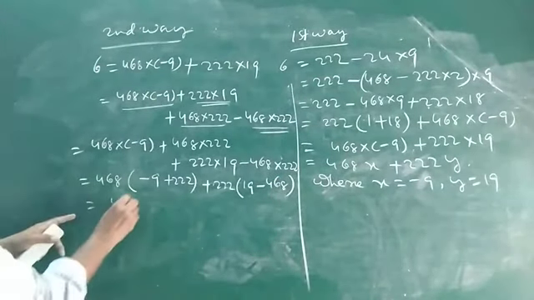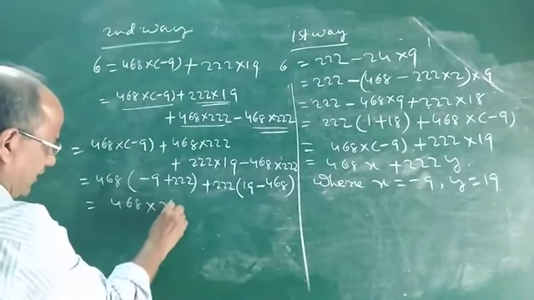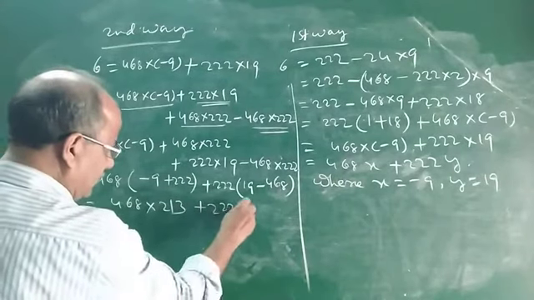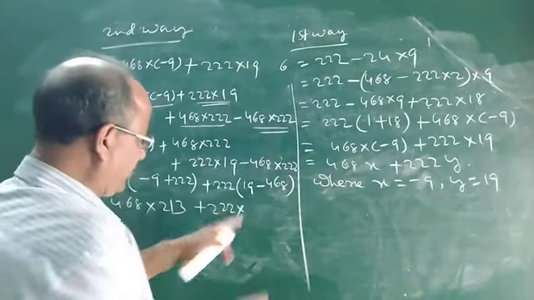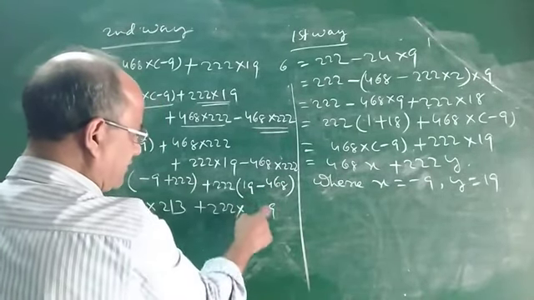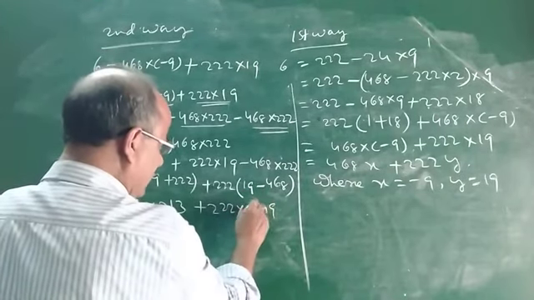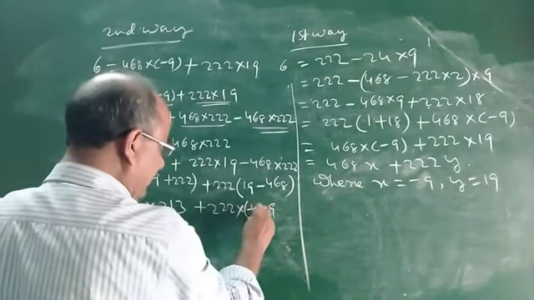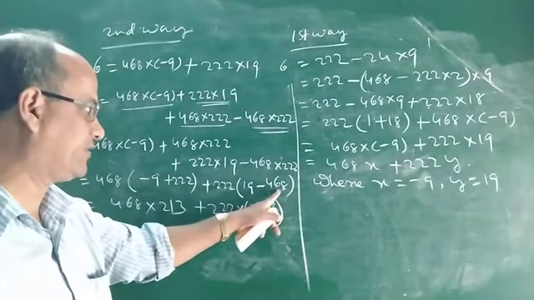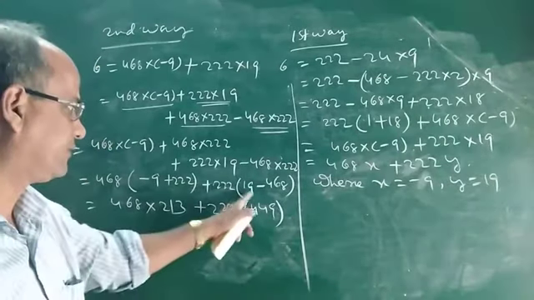Now this is 468 into, this will be 213, plus 222 into, this will be 19 minus 468, which is 449, minus 449.